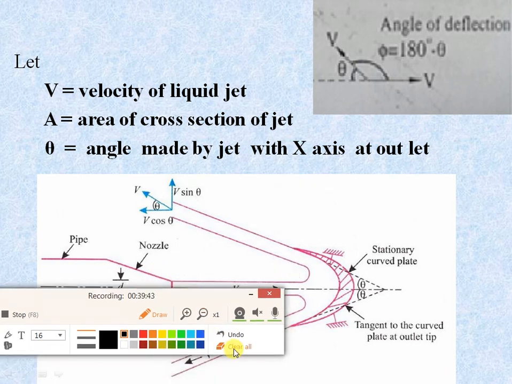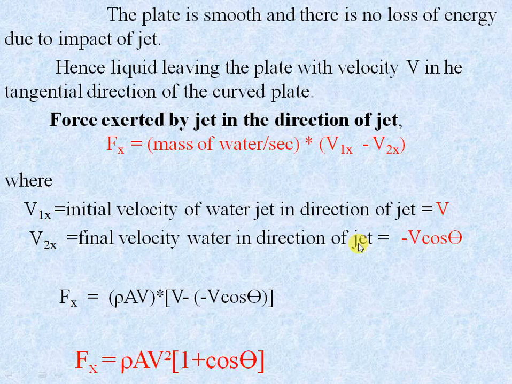We will see this topic once again. Now the plate is smooth and there is no loss of energy due to impact of jet. Hence the liquid leaving the plate with velocity v in the tangential direction of the curved plate. Fx is nothing but mass of water per second, m dot, times V1 in the x direction minus V2 in the x direction.